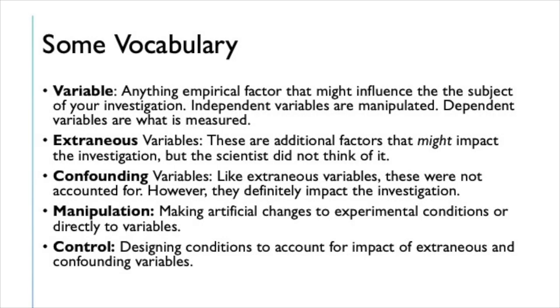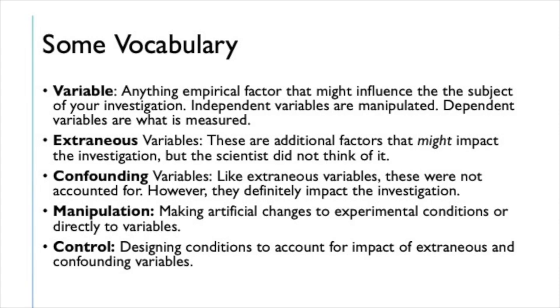All right, so I've talked about a lot of concepts, and so let me go over some vocabulary. A variable, you'll recall, and this is Research Design 101, is in psychology, any empirical factor that might influence the subject of your investigation. So if you're interested in student achievement, sleep might be a variable.